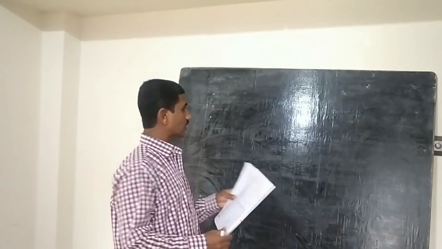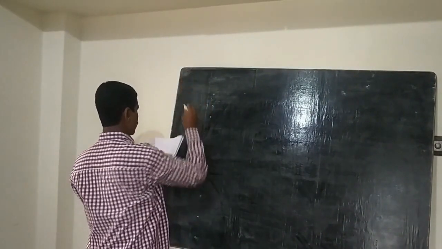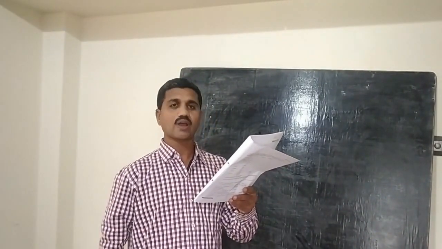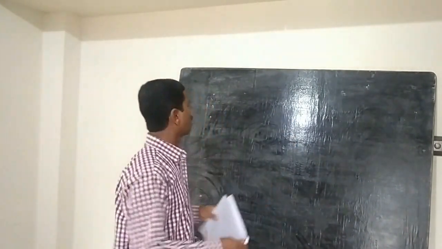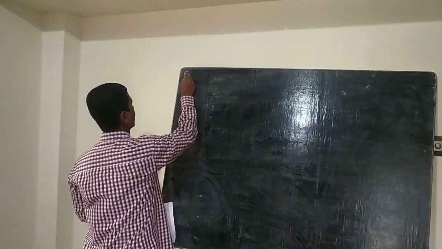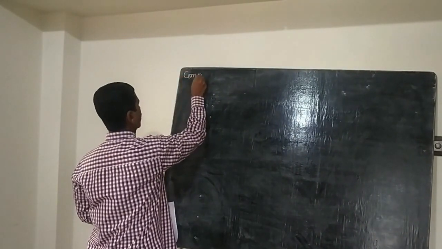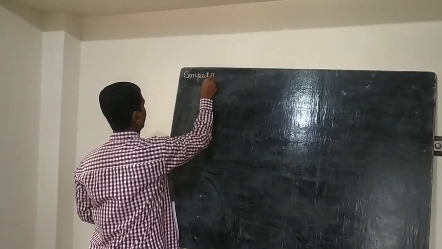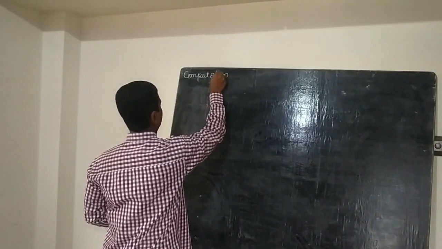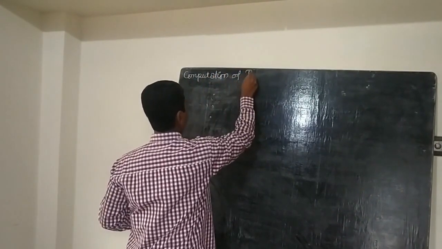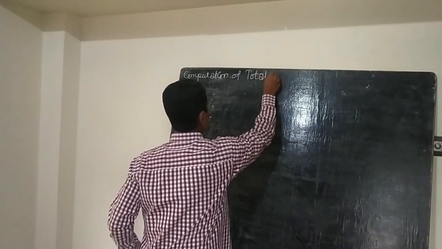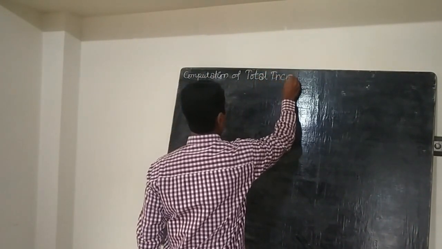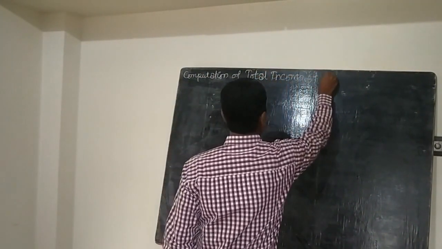So now let us work out here. The question is to compute the total income of the firm and the taxable income of the three partners in the firm. So let's first compute the total income of the firm here. Computation of total income of firm.